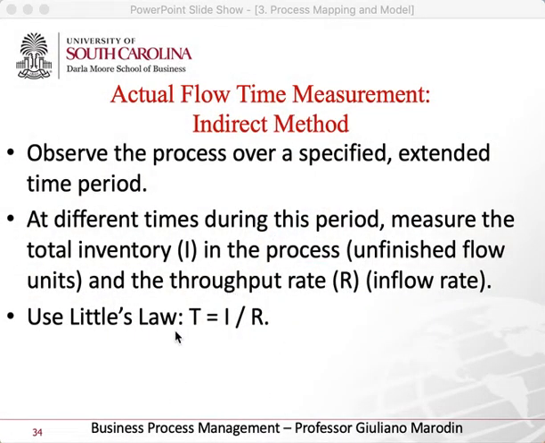A pretty simple way to calculate that is the inventory divided by the throughput rate or the inflow rate, the frequency that things are going out, right? So let's say I have 100 items in the process. It's getting out one every 1 minute. So on average, they have to stay there 100 minutes, right? Because it's going to be 100 divided by 1.